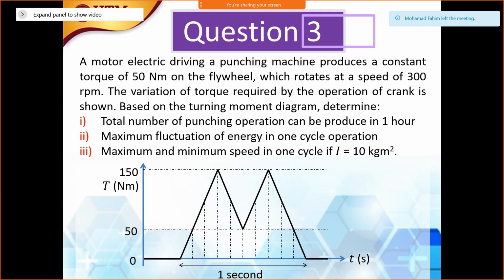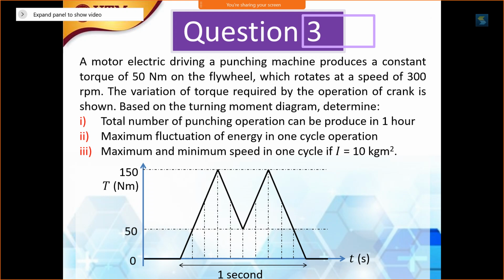Based on the turning moment diagram, determine total number of punching operation can be produced in 1 hour, and then we need to find maximum fluctuation of energy in one cycle operation, and last one, maximum and minimum speed in one cycle if mass moment of inertia is given as 10 kilogram meter squared.